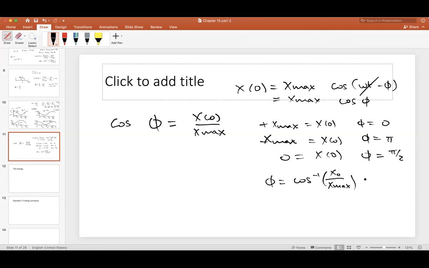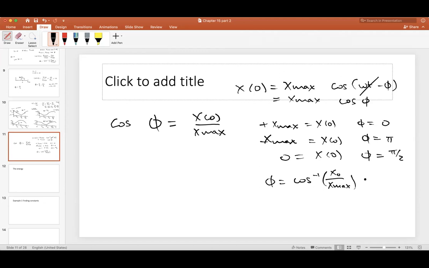And again, all this is telling you is where the cosine function begins at time 0. It's where the cosine function is at time 0. Often in these problems, you're just going to look and go, oh yeah, it's starting at x max. I can just say phi is 0.